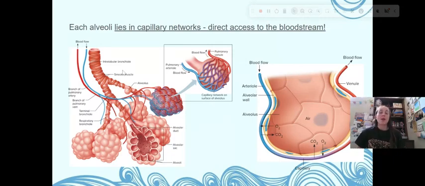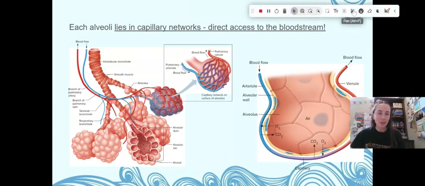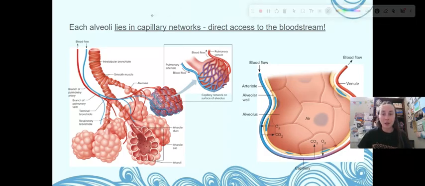So we're going to travel back to thinking about those alveoli. So those nerd cluster looking things, or a raspberry or a bunch of grapes. Those are alveoli. One of them would be an alveolus. And if we look at just one of them, we see that it's lying in a capillary network. So basically just like a net of blood is surrounding it.